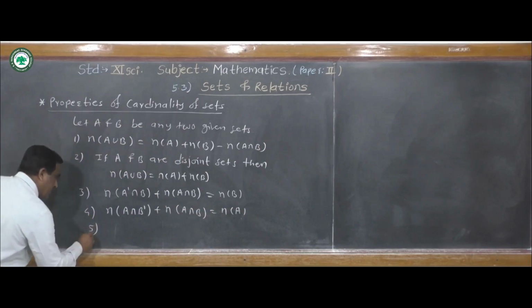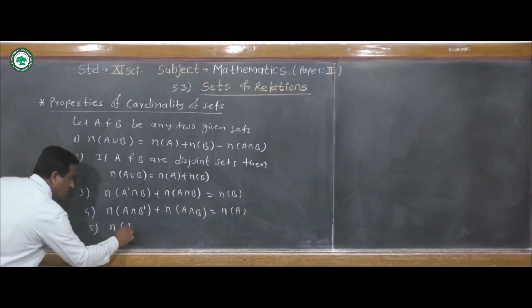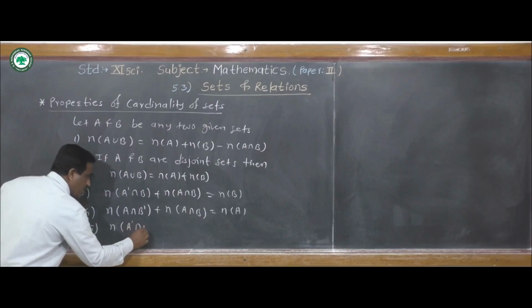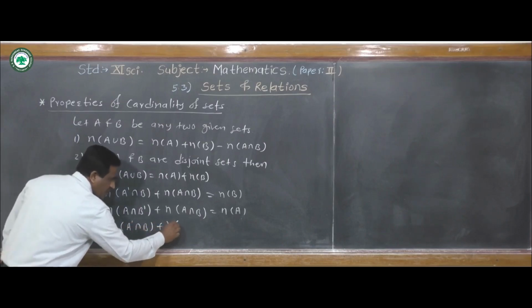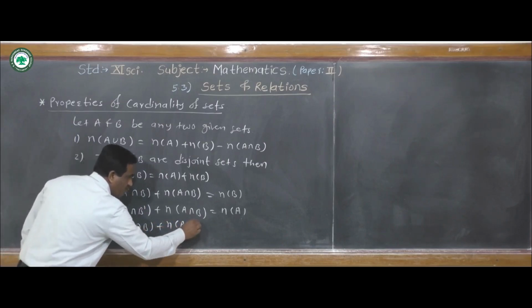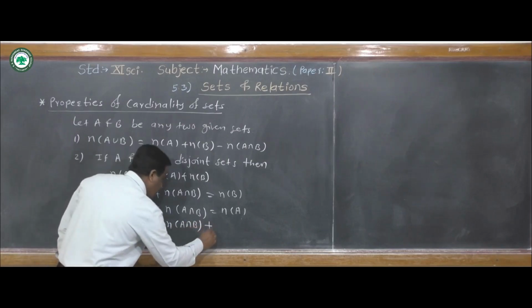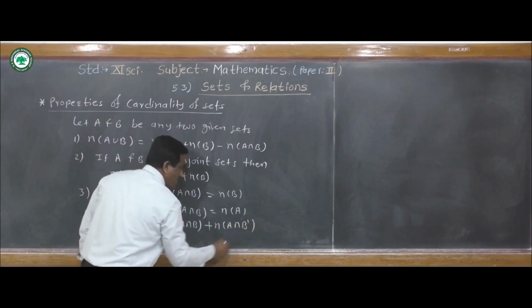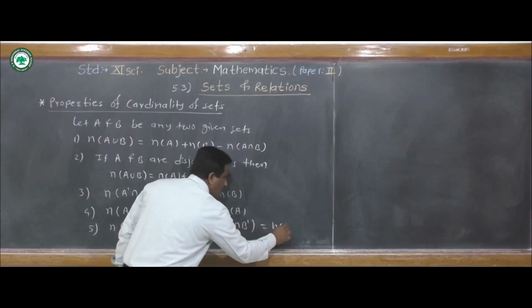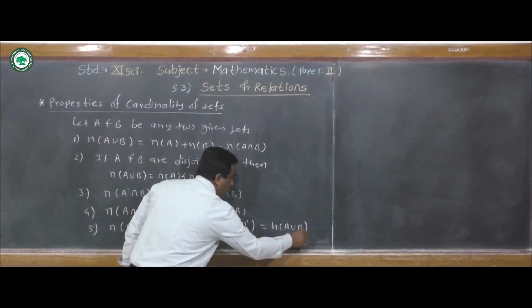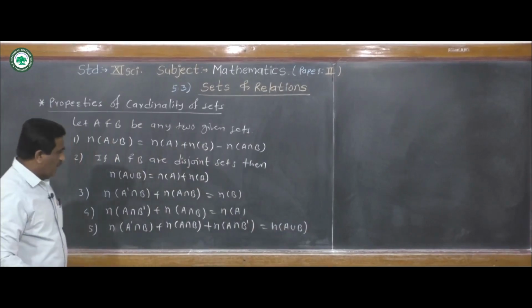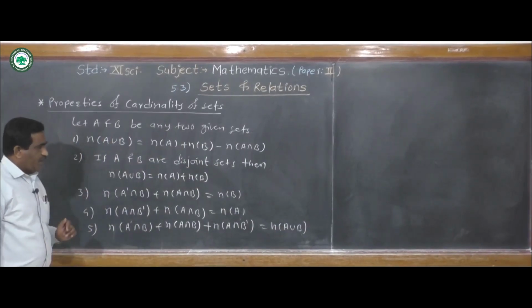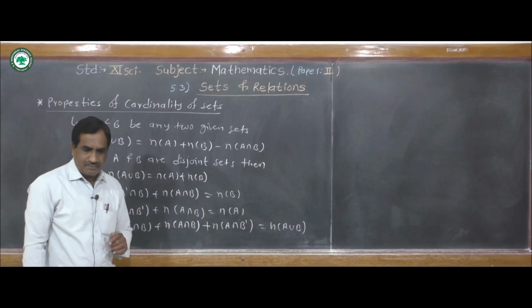Now fifth property is, n(A' intersection B) plus n(A intersection B) plus n(A intersection B') is equal to n(A union B). Okay. Now we can verify these properties by giving an example.